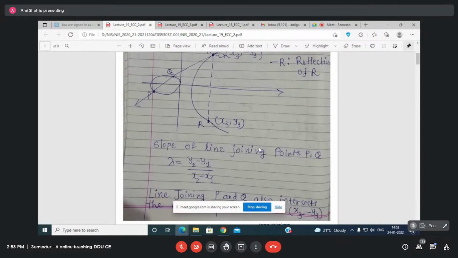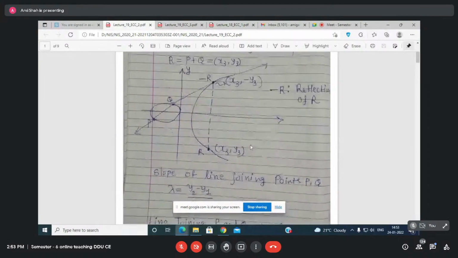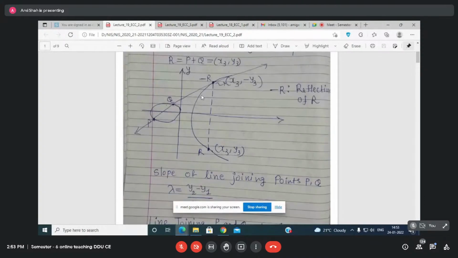The slope of the line joining the points is y2 minus y1 divided by x2 minus x1. And all of you know that the line joining P and Q also intercepts the curve at x3 comma minus y3.